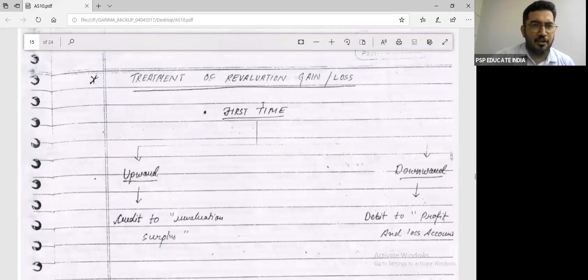Revaluation gain or loss, if it happens for the first time and the revaluation is upward revaluation, where will it go? It will be credited to revaluation surplus account. Again I am repeating, if revaluation gain or loss happens for the first time in the life of the asset, that will be credited to revaluation surplus account.